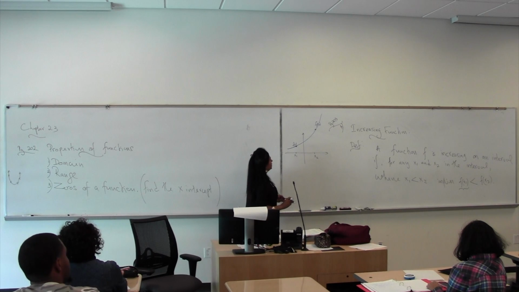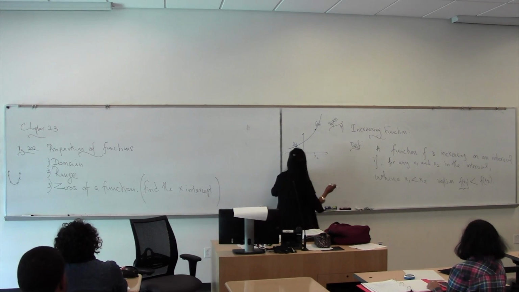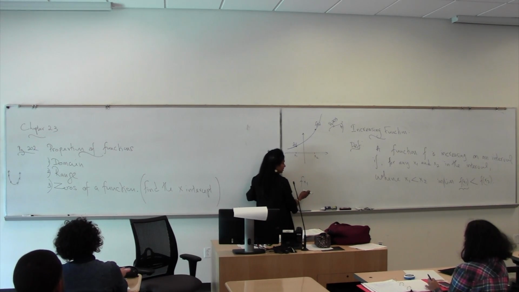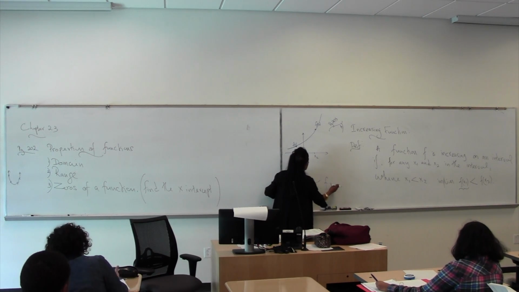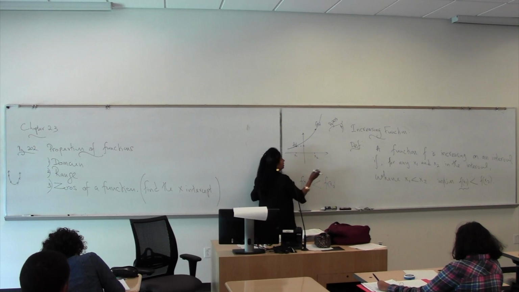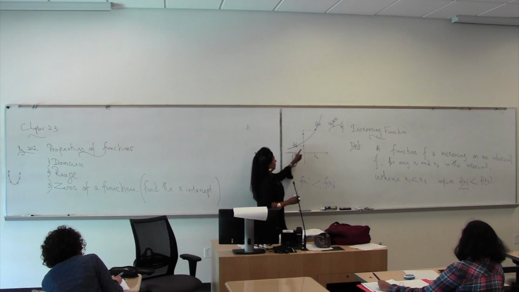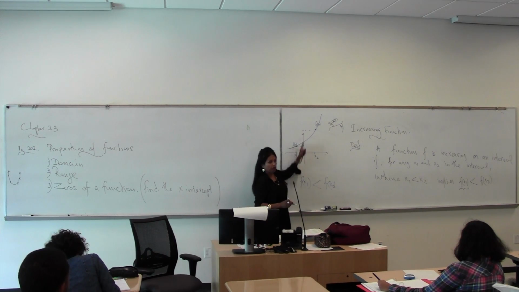Okay, so now, what this means, if this is the case, look at f of x1. Is f of x1 less than f of x2? According to this diagram, the f of x1 value is this, the f of x2 value is this, so f of x1 is less than f of x2.